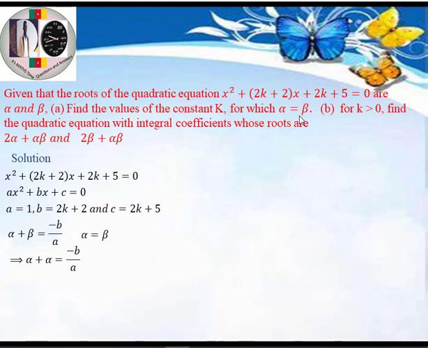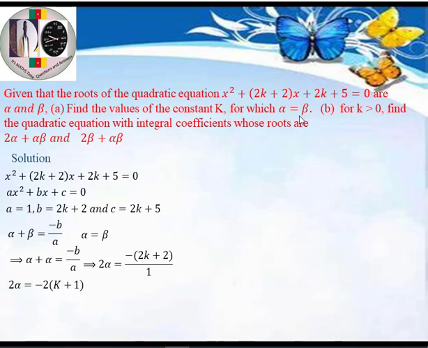In this case, alpha plus alpha is 2 alpha and minus b is minus (2k plus 2) over a, which is 1. So 2 alpha will be equal to minus 2 into (k plus 1), because anything divided by 1 is that thing.